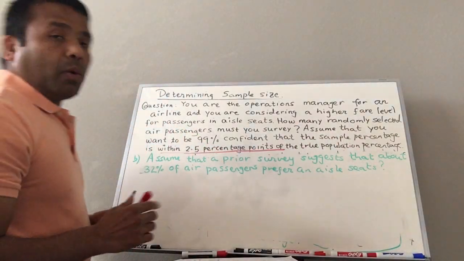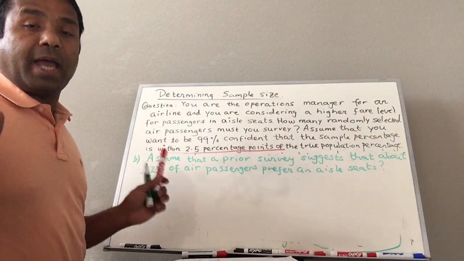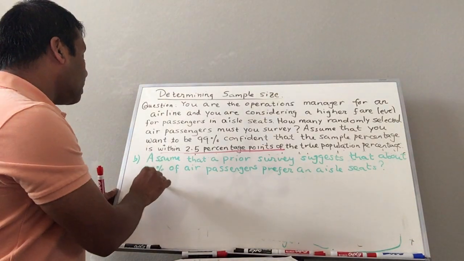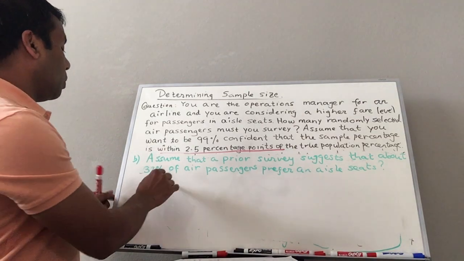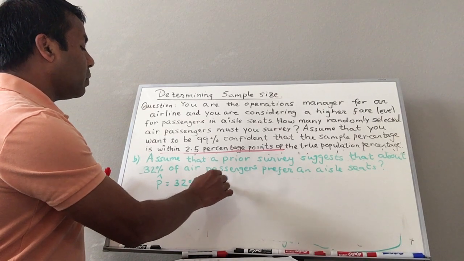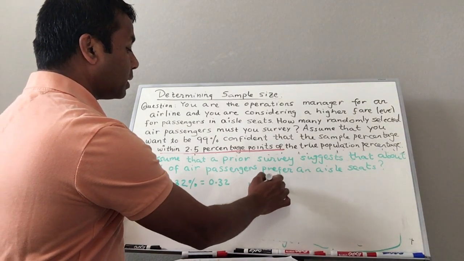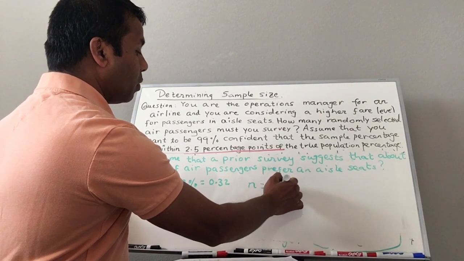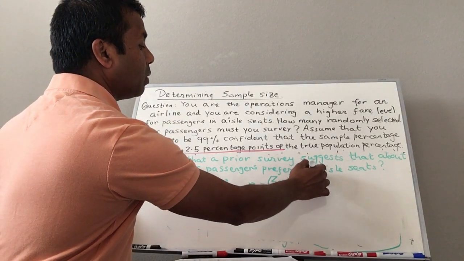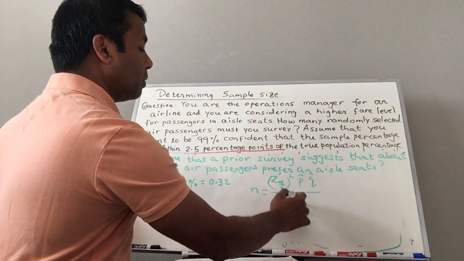So in part A, we did know nothing about the sample estimate P hat, right? But here we have a P hat which is 32%, which is 0.32, and you know the formula is n equals z alpha over 2 square times p hat q hat over margin of error square.